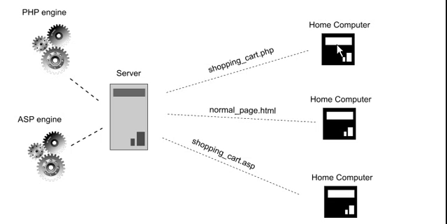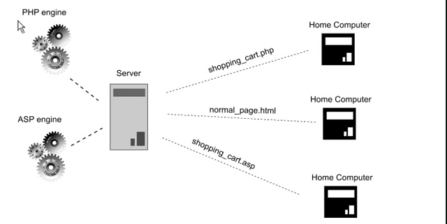So if you pop open a page that has JavaScript in it, using view source, you're going to see the HTML and the JavaScript code still visible.